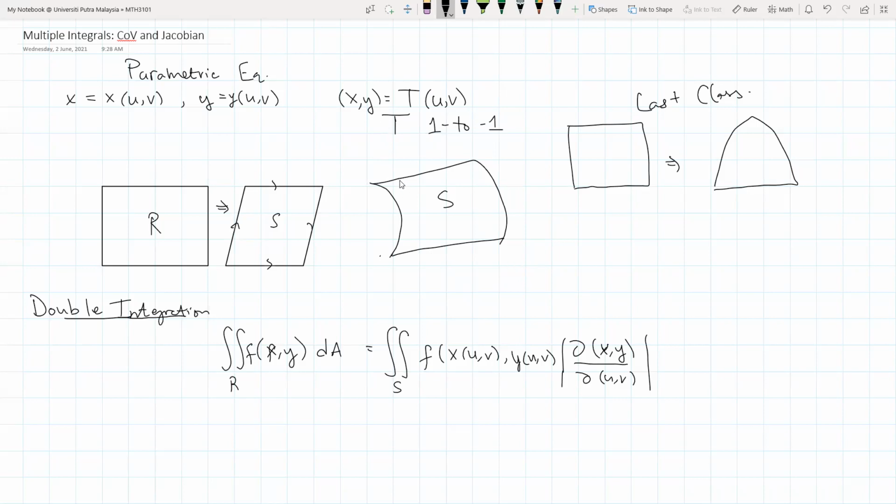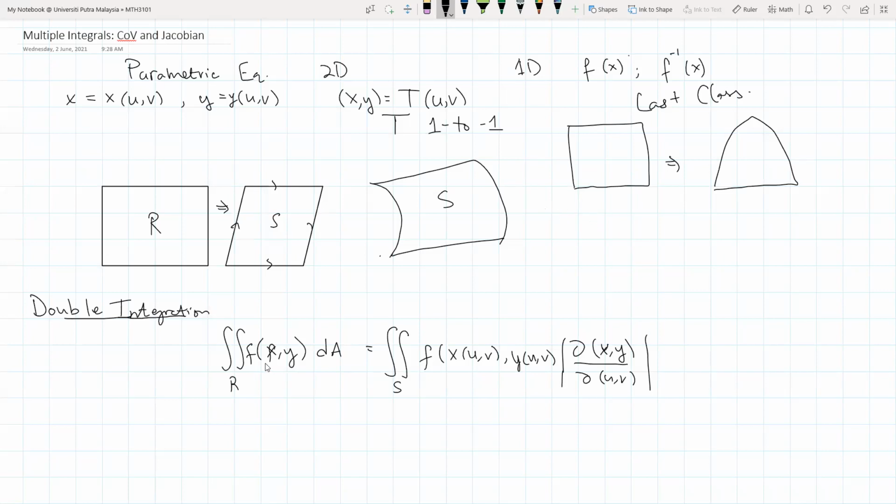In 1 dimension, the transformation is just f, because you can also have f inverse. So it's the same analogy in 2D.